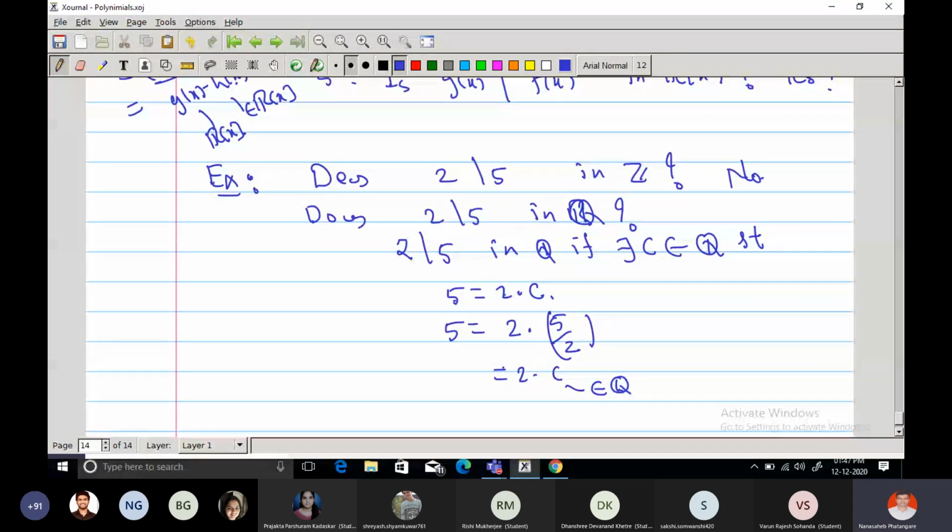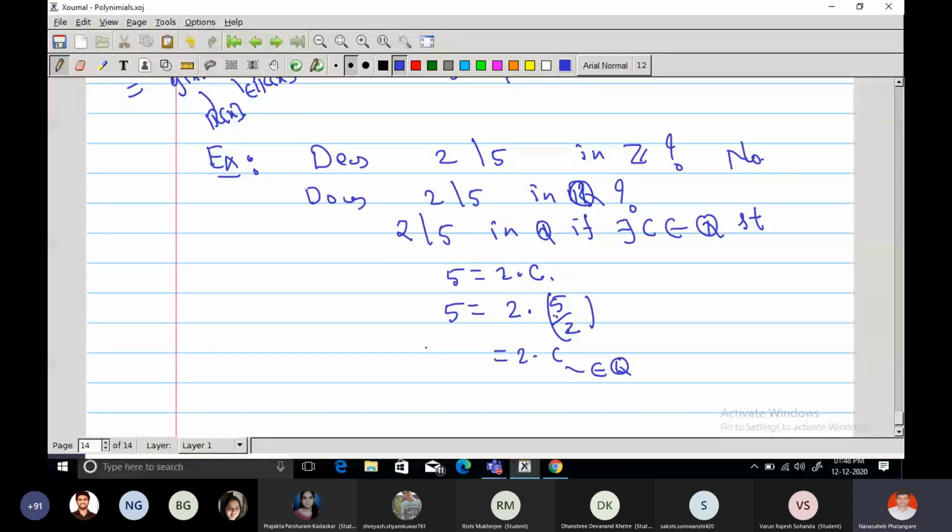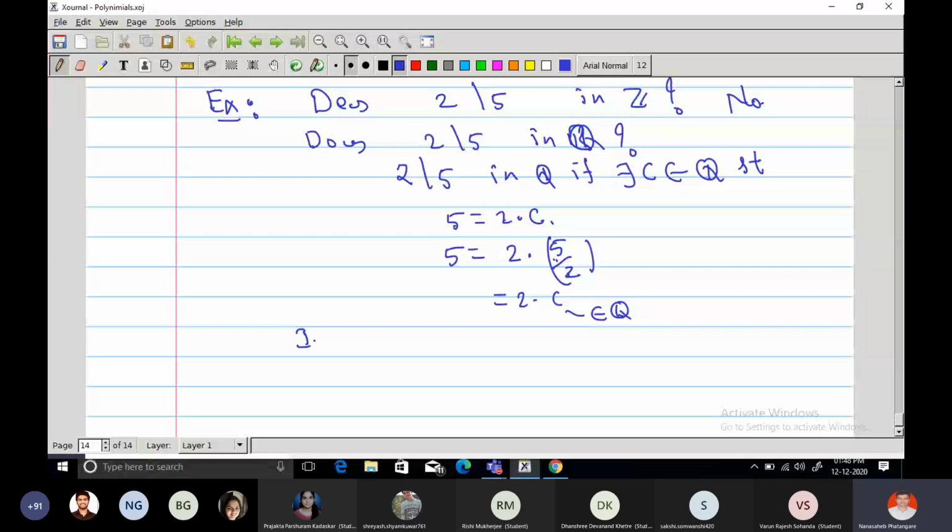Why is this possible? Because the multiplicative inverse of 2 exists in rationals. Therefore, in rational numbers or real numbers, every non-zero number divides any other number. In Q or R, if a is not equal to 0 and b is in Q or R, a divides b.